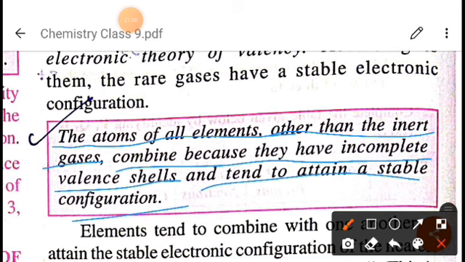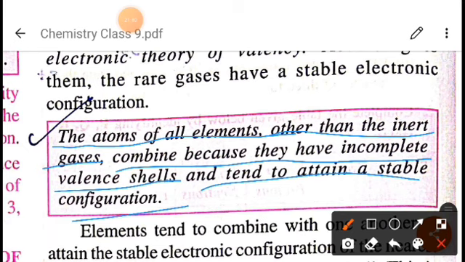It means they do not have 8 electrons in their valence shell. That is why they react to form a stable configuration, which is 2, 8, 8, right? So this is the electronic theory, or we can say the octet theory of valency.